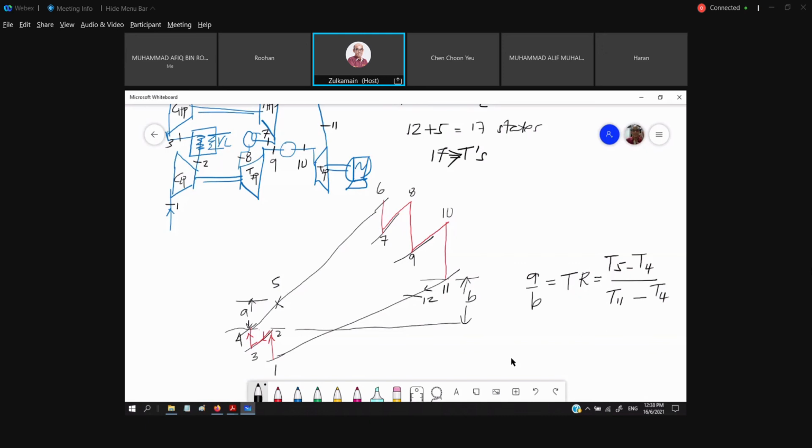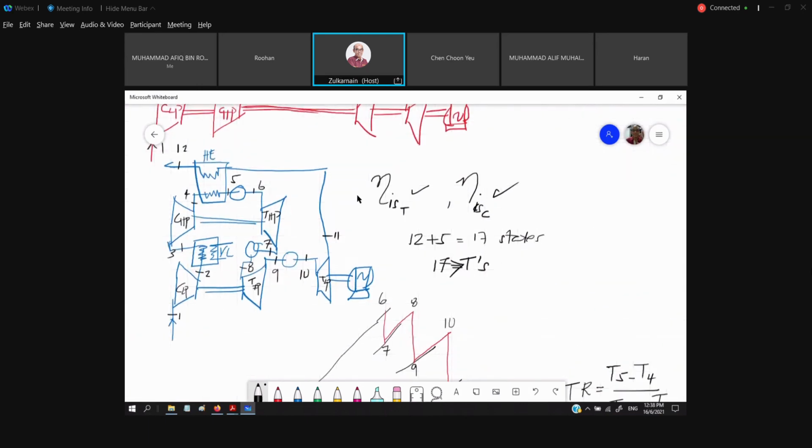So in this case, we could use all the relationships between the work input and work output for the turbine, and also for this power shaft. From this shaft, W compressor high pressure is equal to W turbine high pressure.